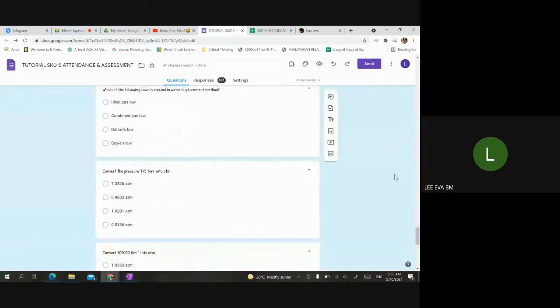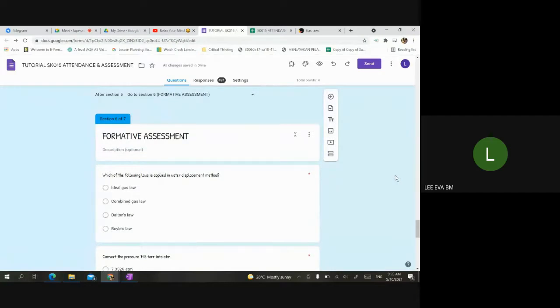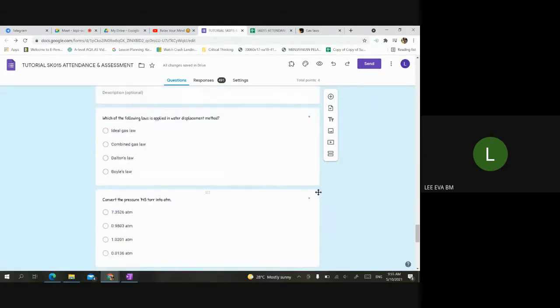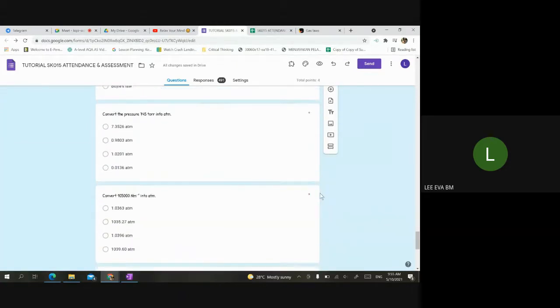The question is what we have discussed today. Which of the following laws applies the water displacement method? Sorry, Madam belum explain lagi, tapi boleh refer nota water displacement method ikut laws yang last kali kita mention. Dah sempat untuk application. Okay, so the second and the third questions are related to the conversions of unit.